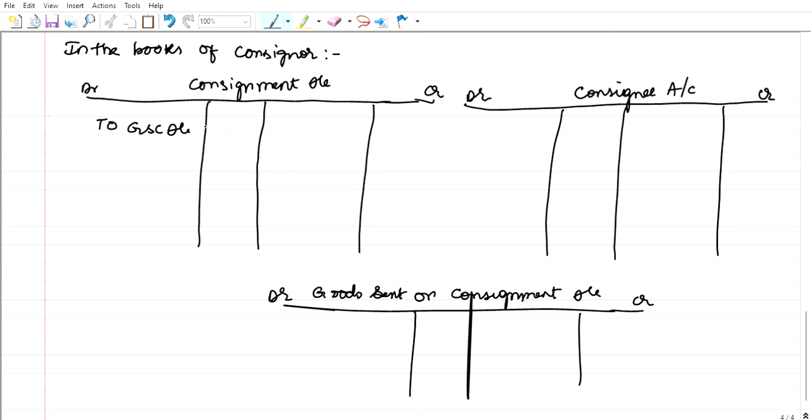To goods sent on consignment account. Consignment account debit, to goods sent on consignment account for the goods sent on consignment. And for expenses incurred by consignor, the second one is advance from the consignee. The entry for advance from the consignee is cash or bank or bills receivable account to consignee account.